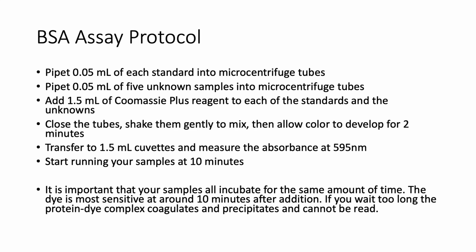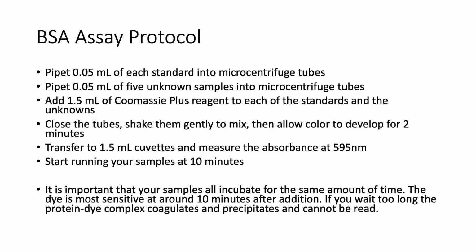You will pipette the standards into your microcentrifuge tubes, and then we will give you a standard sample or an unknown sample of catalase, and then you will put catalase in each of the microcentrifuge tubes, and we're going to do 5 samples of the catalase so that we have 5 unknowns that you can do an analysis of your error on.